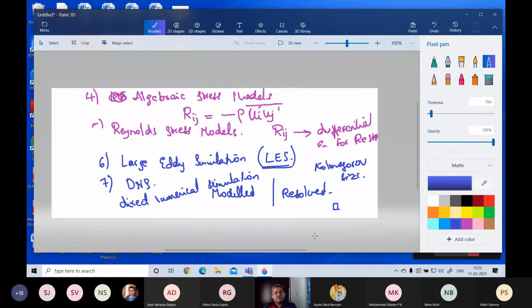If you remember, we did some problems in the last class where we talked about the length scales.